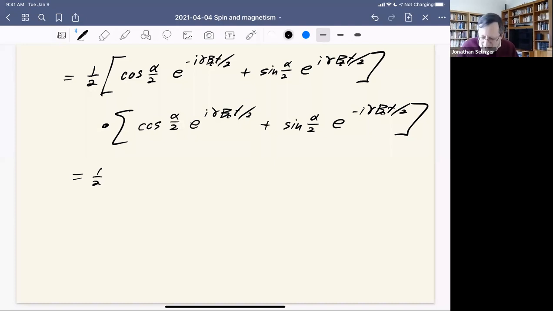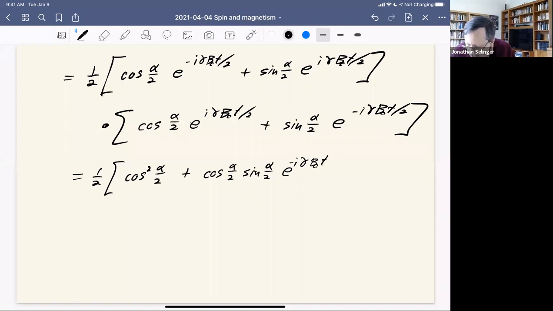Okay, so here, this is 1/2. Let's see. So I need to multiply all this stuff out. This is the first times the first: cosine squared alpha over 2, times 1. And then plus cosine alpha over 2, sine alpha over 2, and then e to the minus i gamma B naught t.